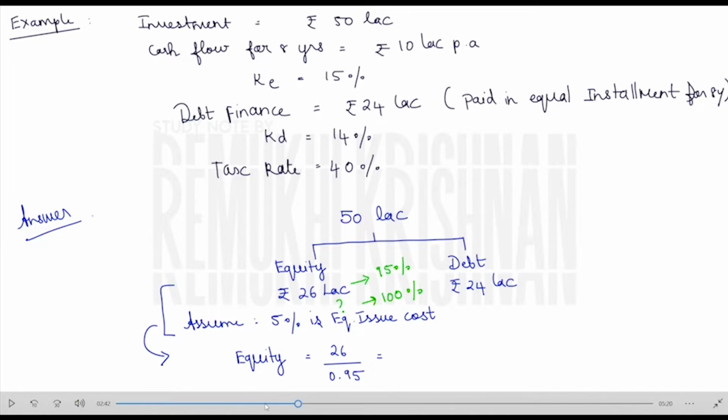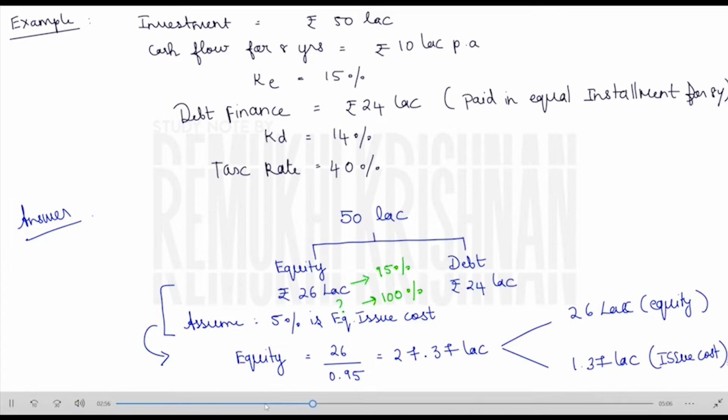So 26 lakh is my 95%. Along with my issue cost, I should be getting my 100%. So let us find the 100%. 26 divided by 0.95 will provide me with the total cost, 27.37 lakh, where 26 lakh is for equity and 1.37 lakh is for issue cost.